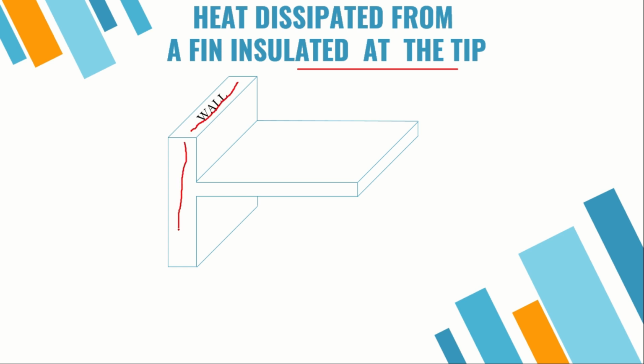This area is the wall of the fin, and we are assuming that the temperature at the wall is T naught, and TA would be the ambient temperature, that is the atmospheric temperature.